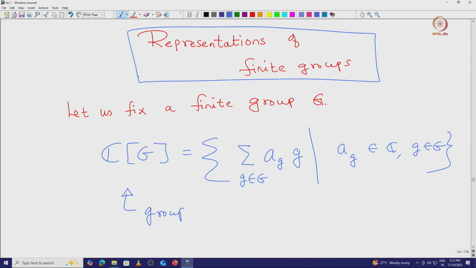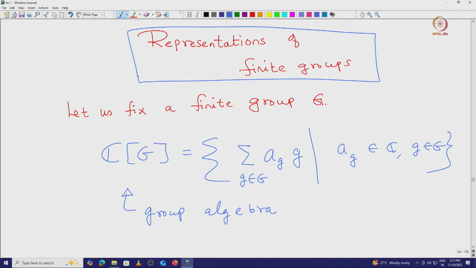Since we have taken the elements of G as a basis, it already has a vector space structure by pointwise addition.